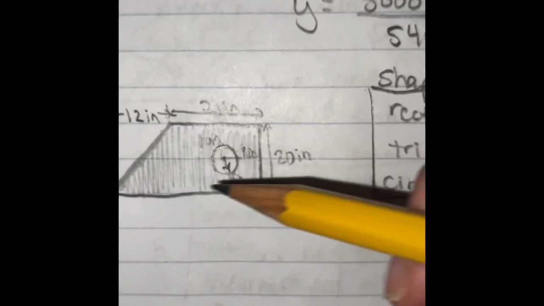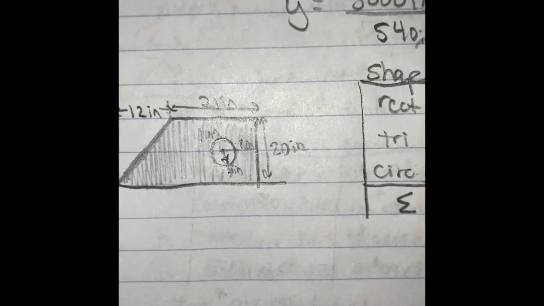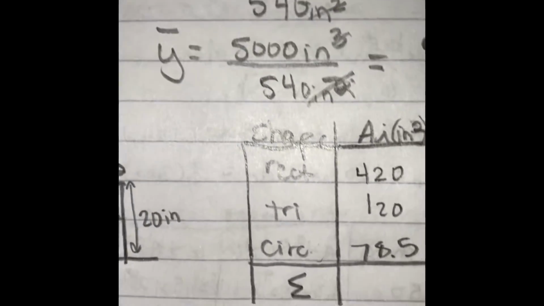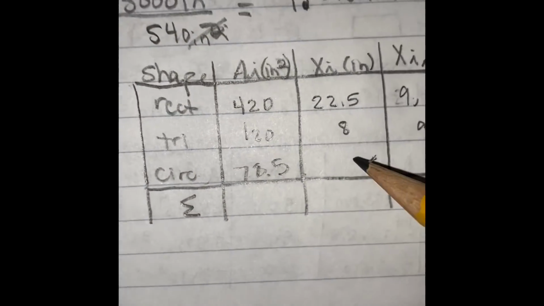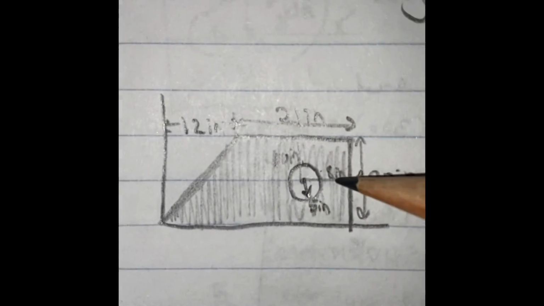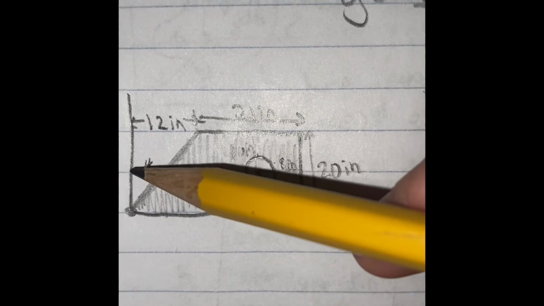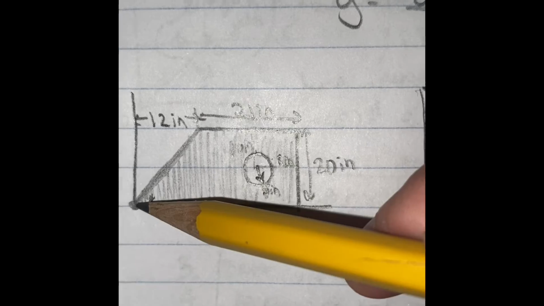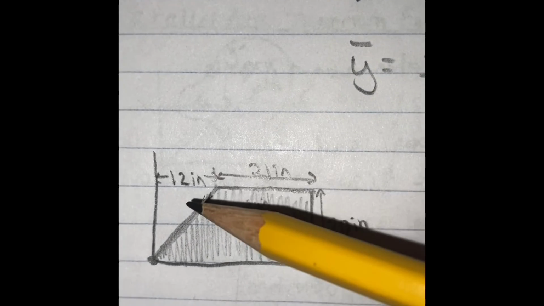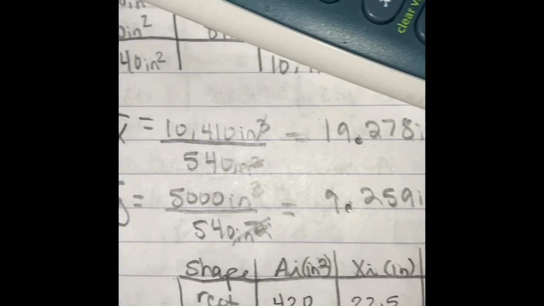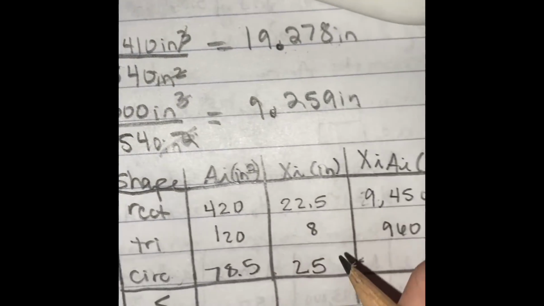So for your area, it'll be pi r squared, so that'll be 78.5 inches squared. And then for your x distance, since this is our datum point, it'll be the 21 plus 12 minus 8. So that distance would be 25 inches.